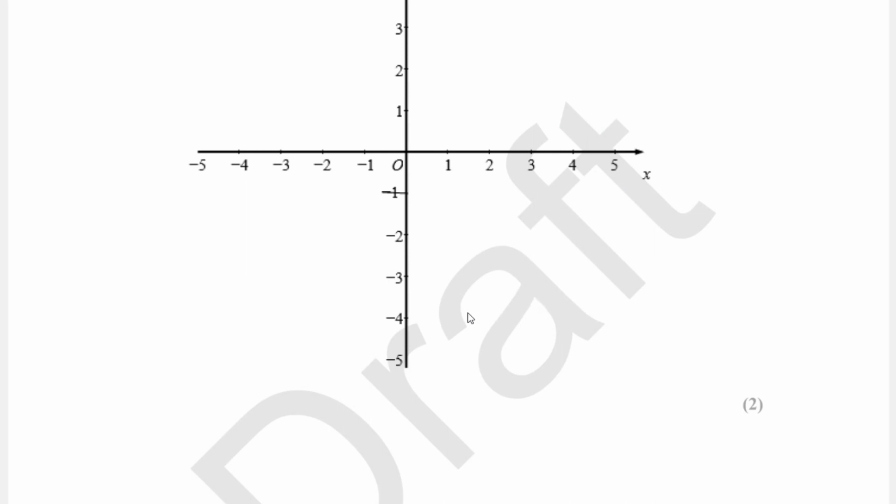So I have a circle with centre at 0, negative 3 with a radius of 2. Here is that circle. We've got a centre of 0, negative 3, a radius of 2.